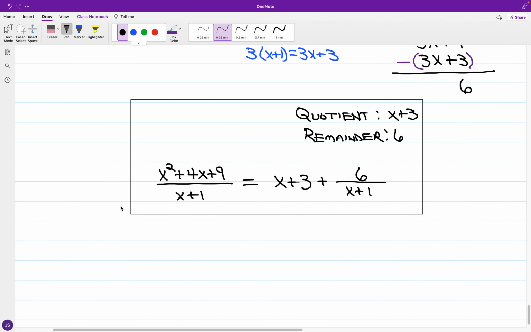Now, let's say we have a scenario where we have x cubed plus 4x squared plus 5, and we'll say we have this all over x minus 2.